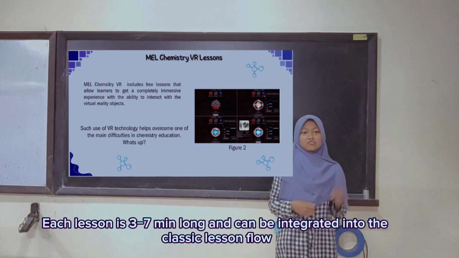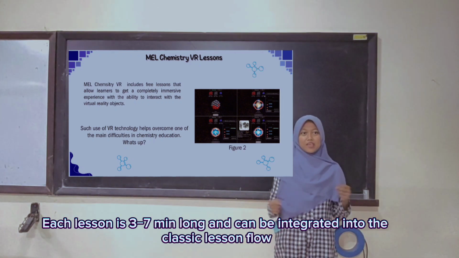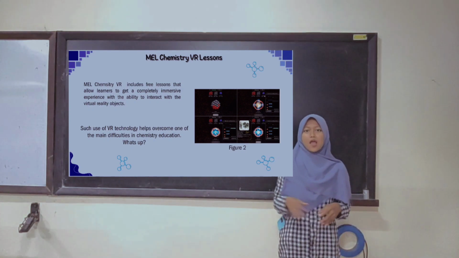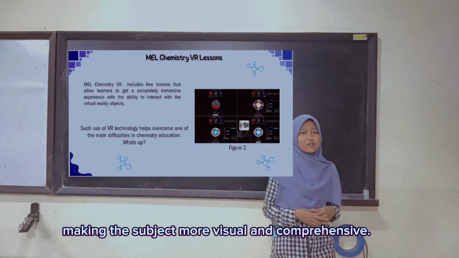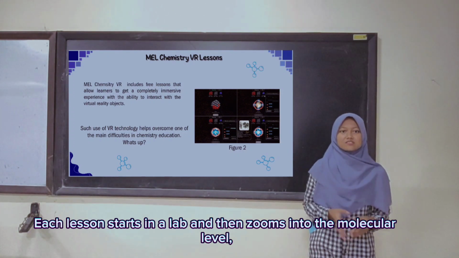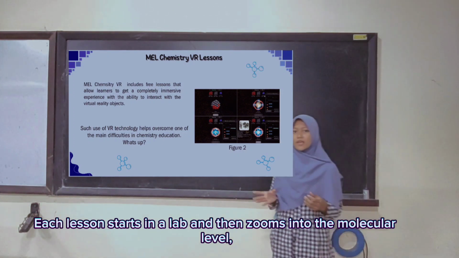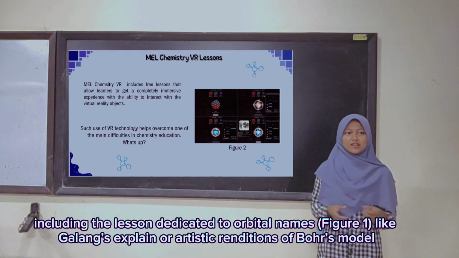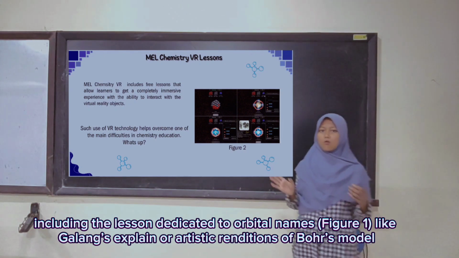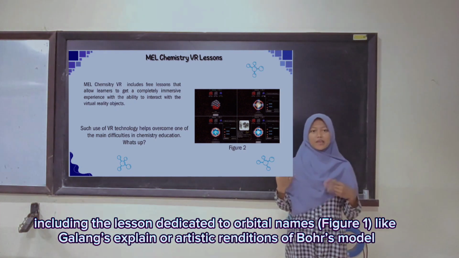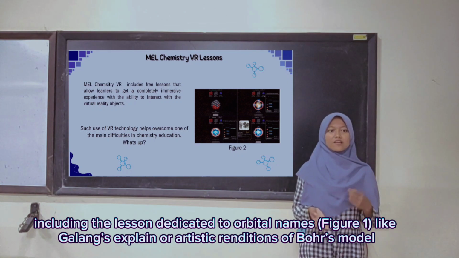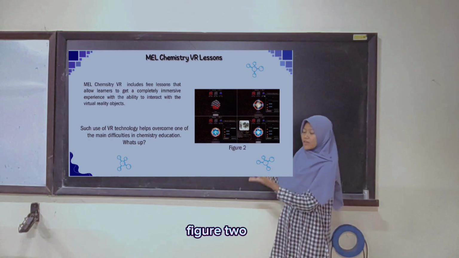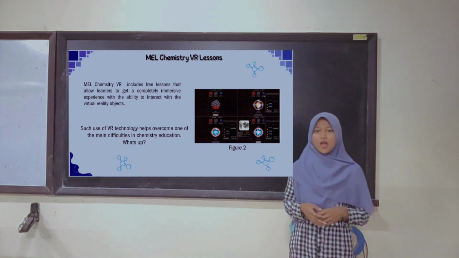Each lesson is 3 to 7 minutes long and can be integrated into the class-based lesson flow, making the subject more visual and comprehensive. Each lesson starts in a lab and resumes at the molecular level, including the lesson dedicated to orbitals, named figure 1, like Galang explained, or an artistic rendition of Bohr's model in figure 2.